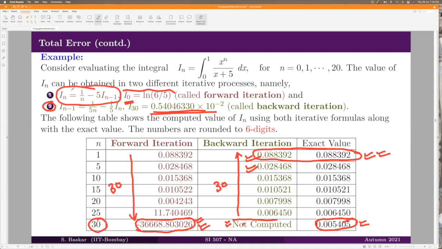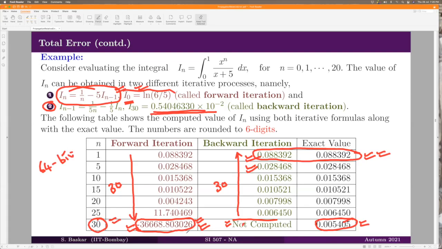There is absolutely no approximation involved in this formula. You start with this and compute this iteratively like a human being computes. You don't have any approximation, but you look at the computer's output. I'm just doing it on a 64-bit powerful computer. In the 30th iteration itself, things have gone abnormally bad.